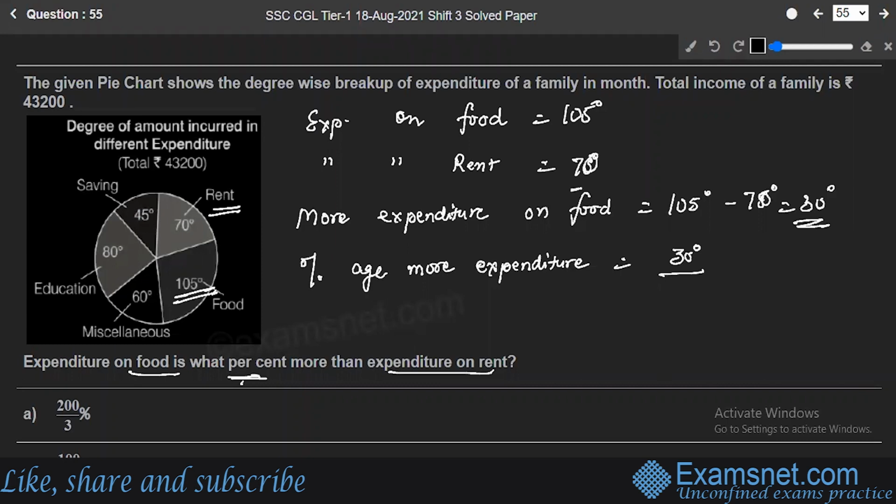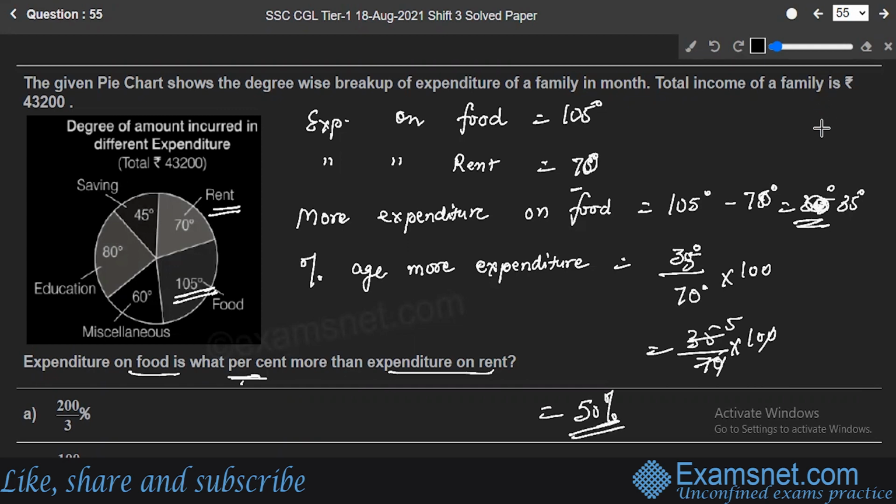So it has to be 35. This is 35 degrees upon 70 degrees into 100. I'll write it again, clear: 35 upon 70 into 100. They will cut and you will have 50% as your answer.